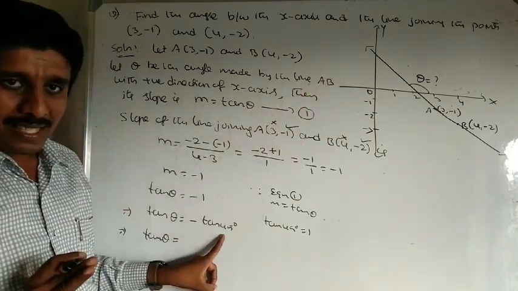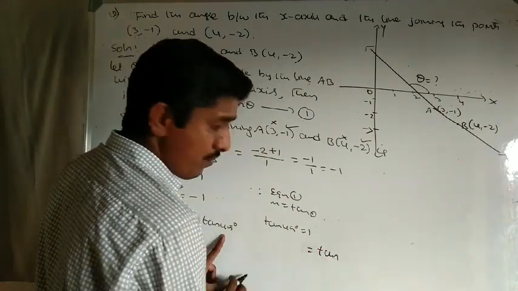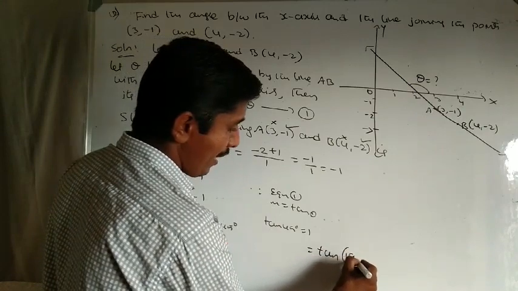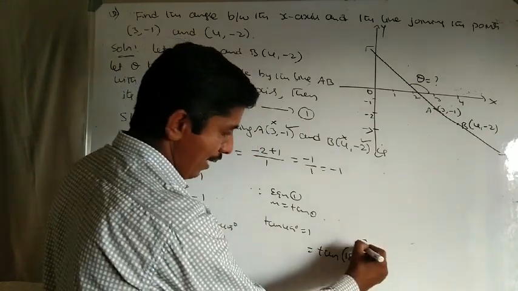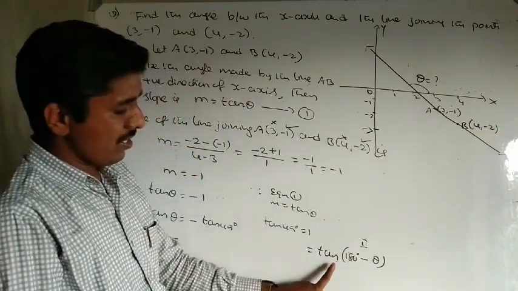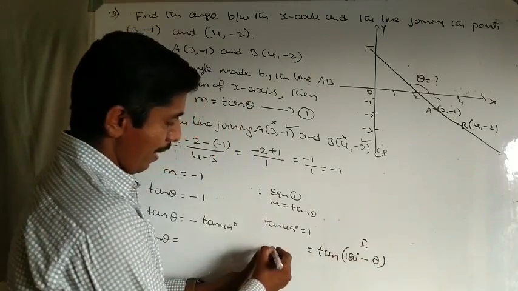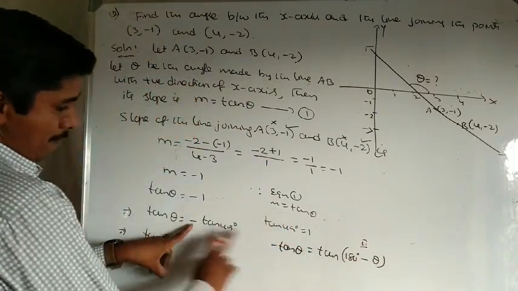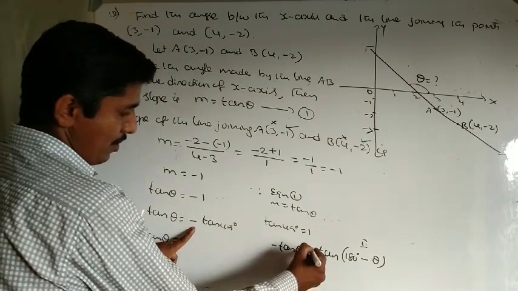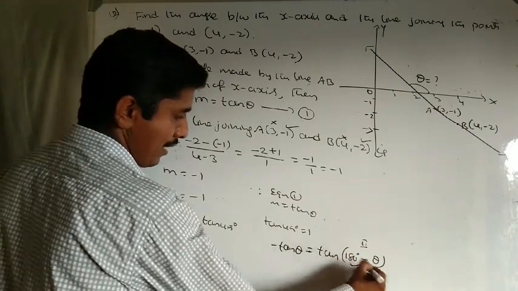Here minus tan theta can be written as, mind it, we know the formula: tan of 180 minus theta. 180 minus theta lies in second quadrant. In the second quadrant tan is negative. Tan of 180 minus theta equals minus tan theta. Correct. Or minus tan theta is equal to plus tan of 180 minus theta.